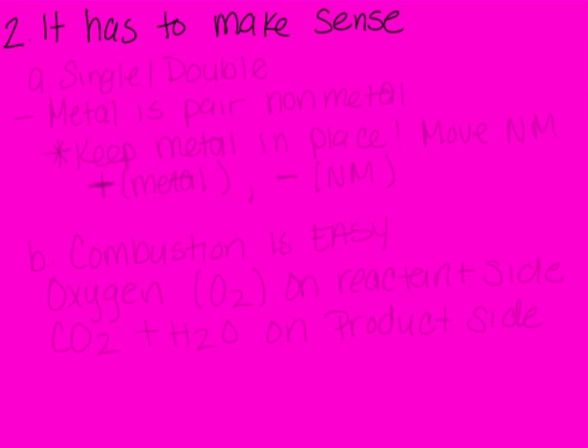So, for instance, if you have a single or double replacement, the step that you have to follow is that you, for one, have to make sure that the metal is paired with a non-metal. This is very important. If you do not understand this, it will be very difficult for you to predict the product.